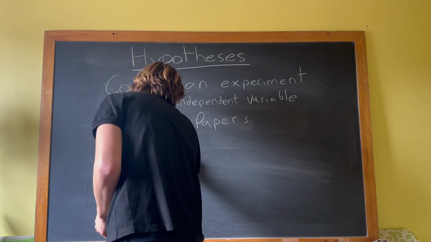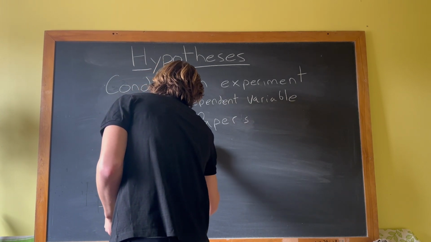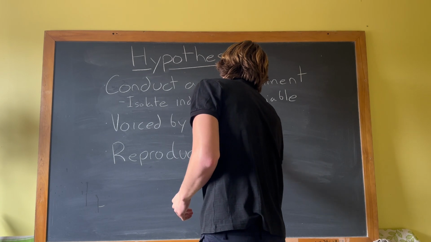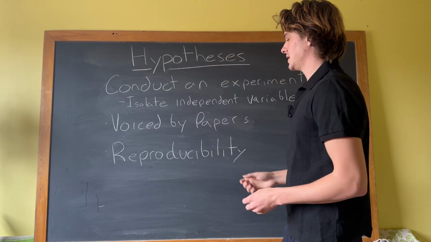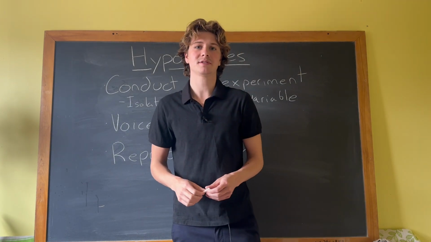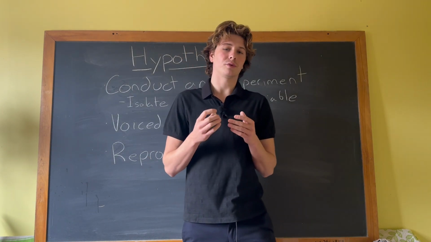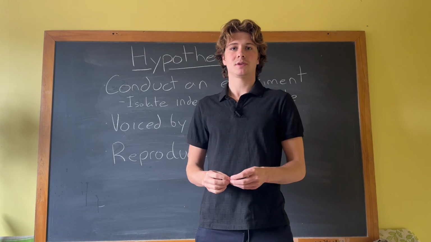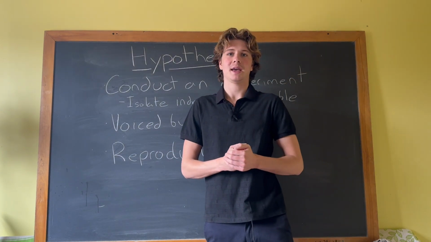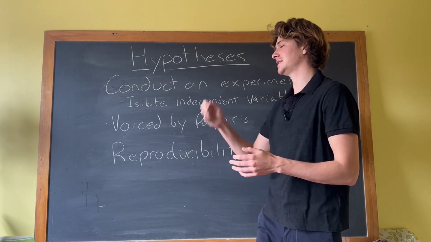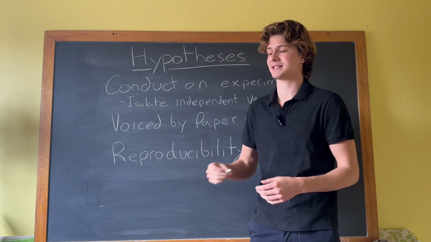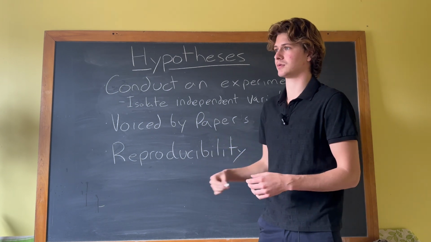The problem is that not only are we not reproducing studies, when we do reproduce studies, they don't reproduce the same results. And this is fundamentally one of the problems with empiricism, is that we conduct these experiments, we test hypotheses, and if we retest them over and over again, we get different results every time.